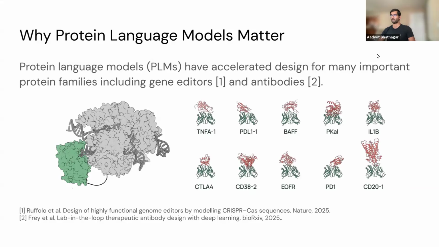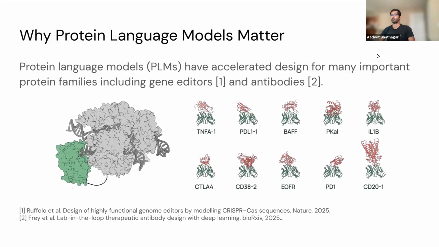To be a bit more concrete, we at Profluent have used the previous generation of ProGen models, the ProGen2 models, to design highly active gene editing proteins, specifically Cas9s and base editors, that we found had higher activity and higher specificity compared to some of the industry standard proteins, some of which were derived through like 8+ rounds of directed evolution.